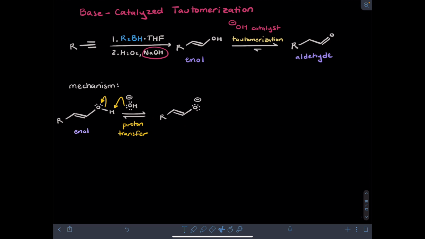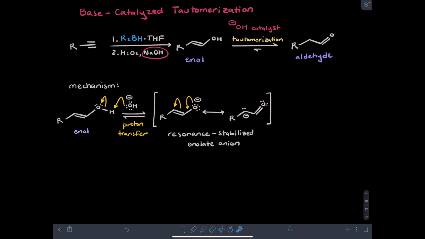After this proton transfer, I've formed the conjugate base, where I have an anionic oxygen attached to an alkene. This is one of our resonance patterns of lone pair adjacent to pi bond. I can draw another resonance structure by taking a lone pair down to form a pi bond and taking the pi bond over to form a lone pair.